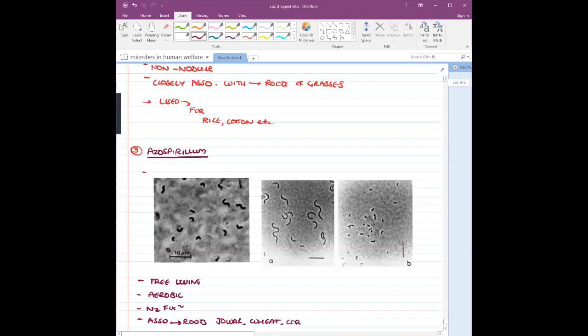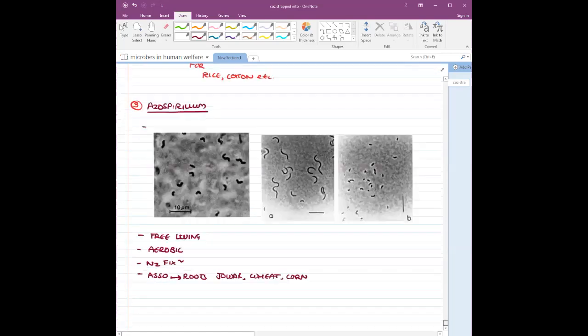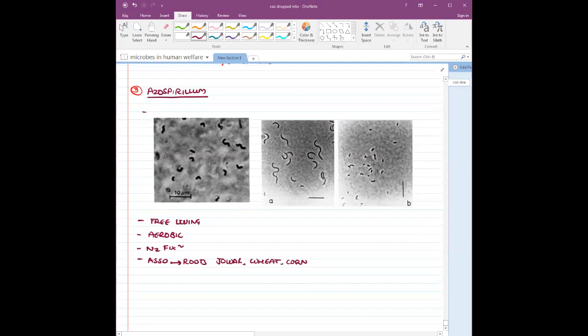The most important thing about this is that it is going to fix huge amounts of nitrogen, around 20 to 40 kilograms in an entire year. That is what we need to know about azospirillum.